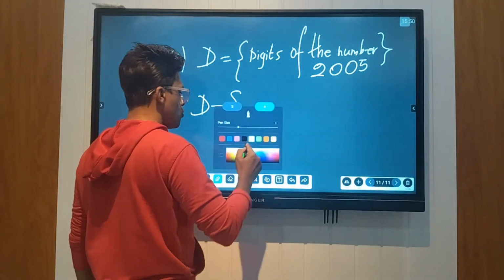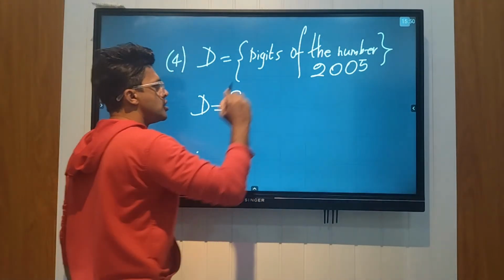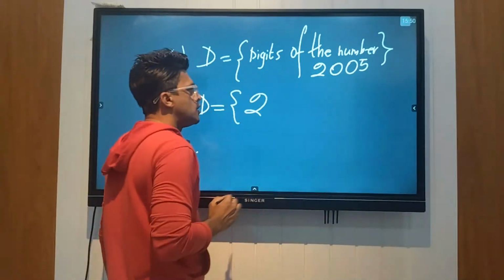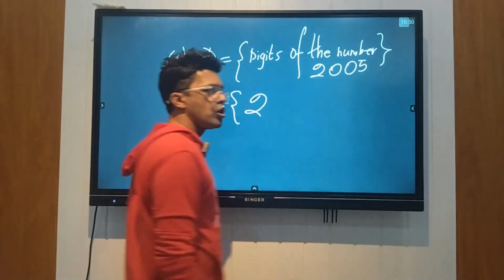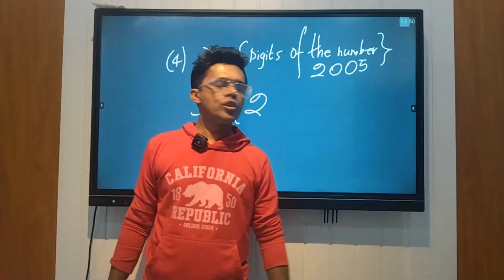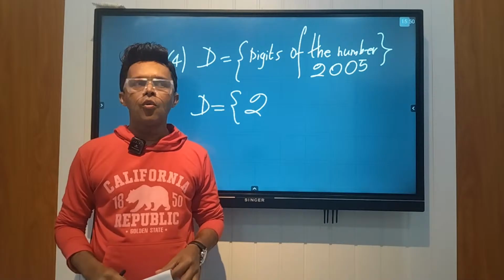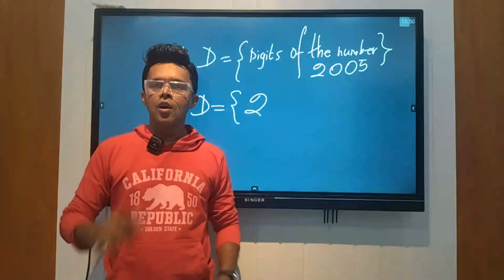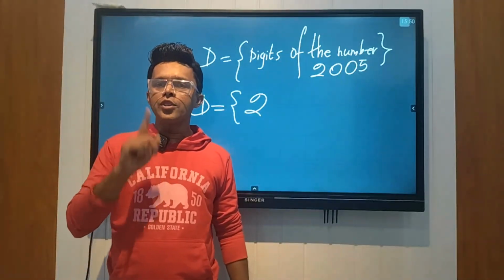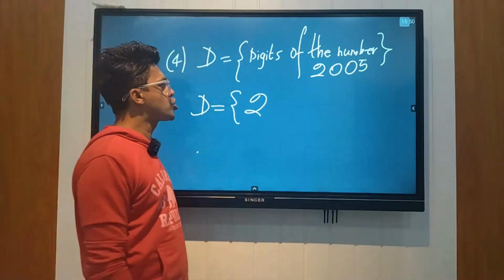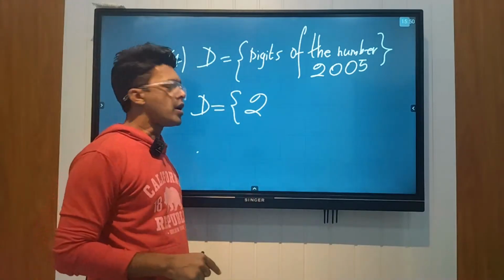2005. So we could write 2 here, then 0, then 5. Although you could see 2 zeros here, we do not write the digit 0 twice.